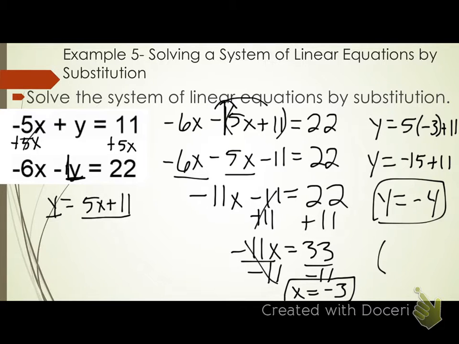So what's my ordered pair? Negative 3, negative 4. Any questions on example 5? Questions on substitution? Good?